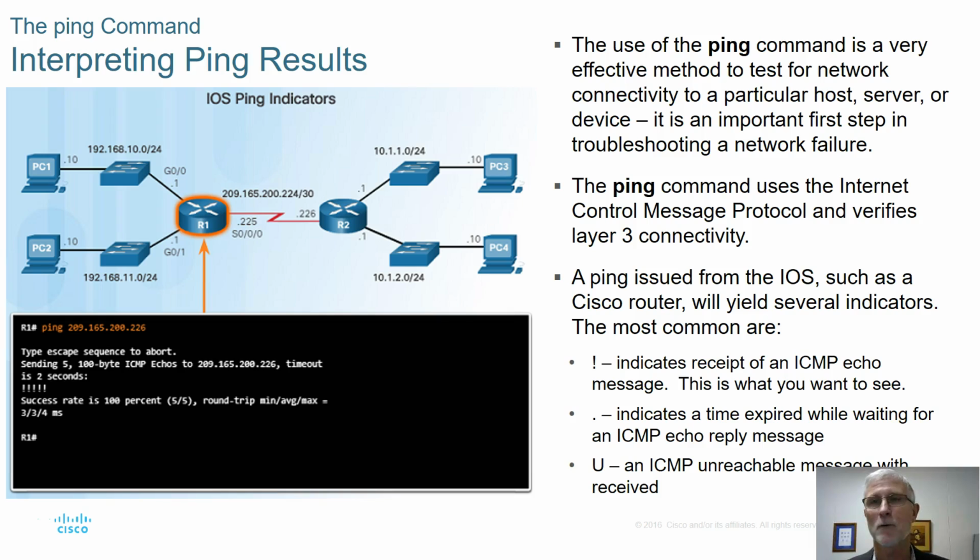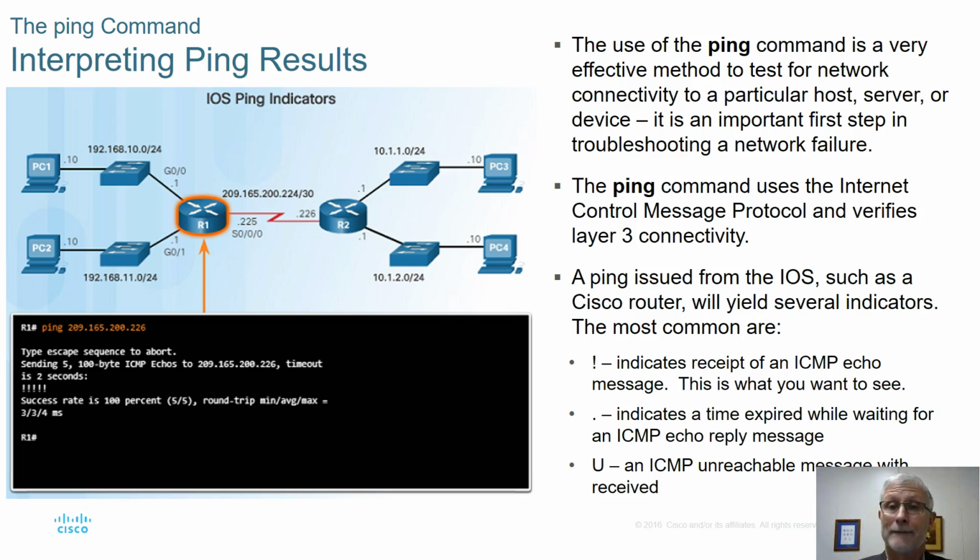Now, we have used the ping command pretty much almost the whole semester. It's a very effective way to test connectivity. It uses the ICMP protocol, and it verifies layer 3 connectivity. And of course, hopefully you understand what layer 3 connectivity means.